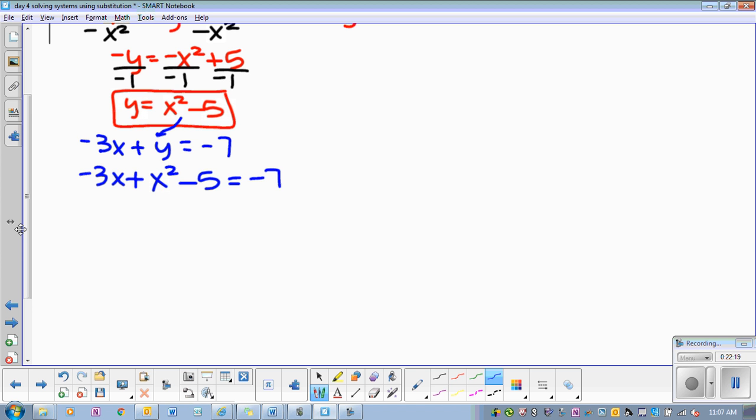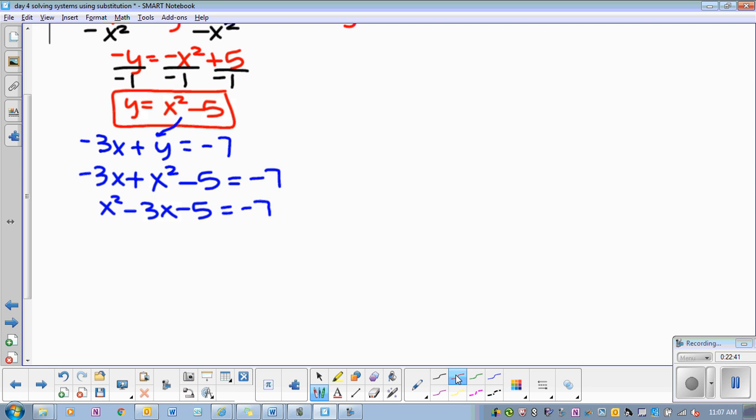What is it starting to look like? Trinomial. It's just not in order. Let's put it in order. X squared minus 3x minus 5 equals negative 7. Starting to look like a trinomial.